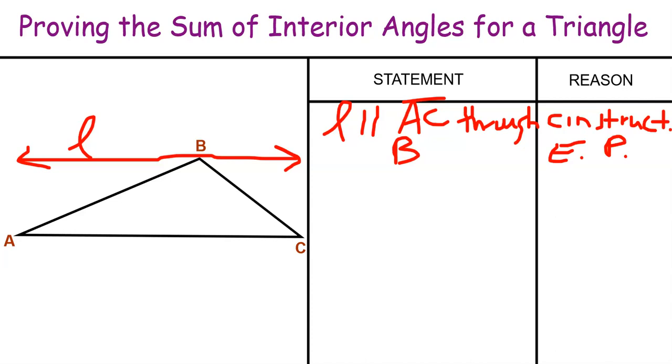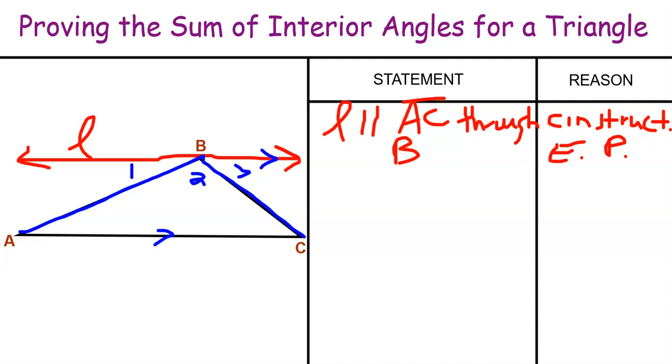Well, great. Now we're going to number these angles just for the sake of ease here. Angle 1, angle 2, angle 3. Great. Well, now we have some parallel lines. Line L is parallel to AC, and we have some transversals of those parallel lines. We have AB as a transversal, and we have BC as a transversal, which means because we have parallel lines involving transversals, we can say something about the relationship of the angles that are made.